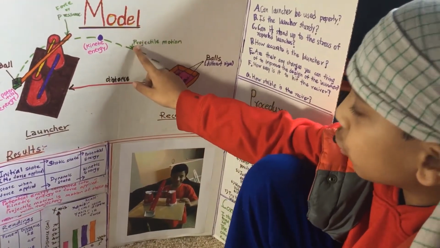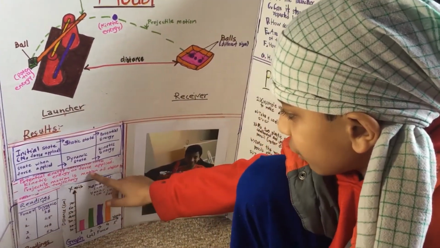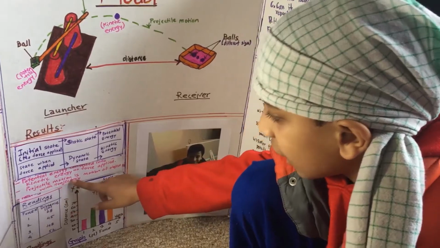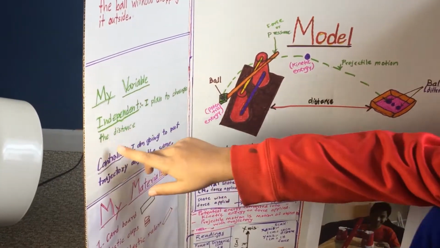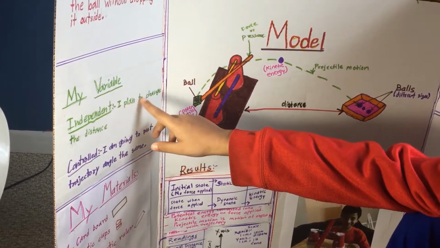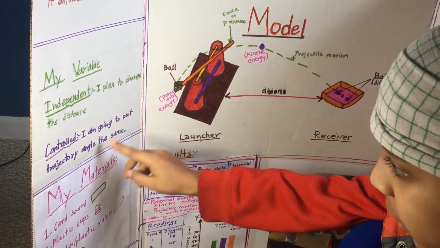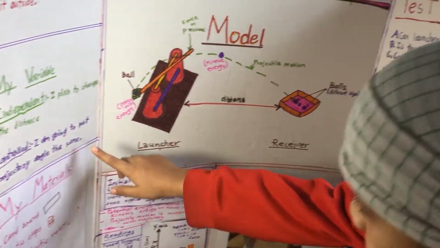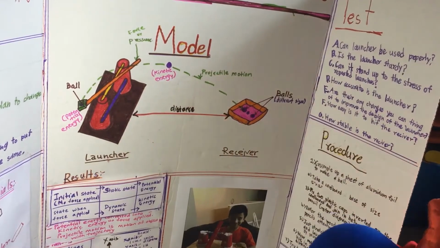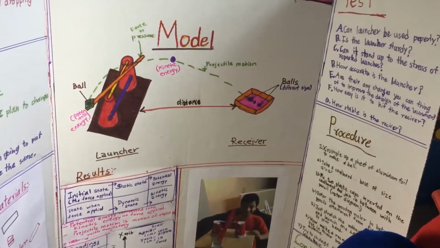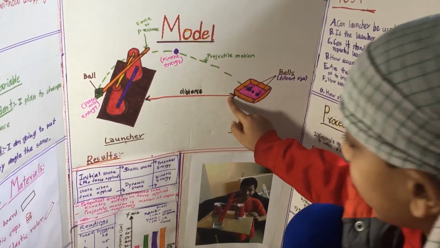And projectile motion is right here. Projectile motion is the motion of an object with trajectory. So guys, my independent variable is I plan to change the distance, and the control is I'm going to keep the trajectory angle the same. So that means the angle that I throw should be the same. And the distance here should be changed.